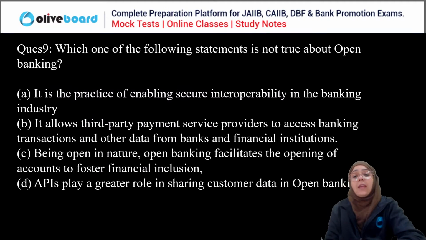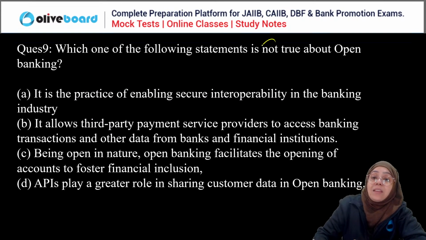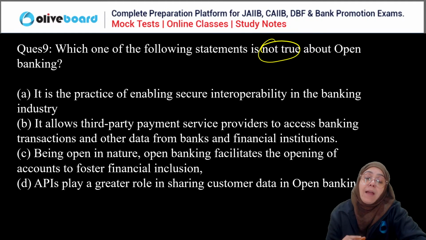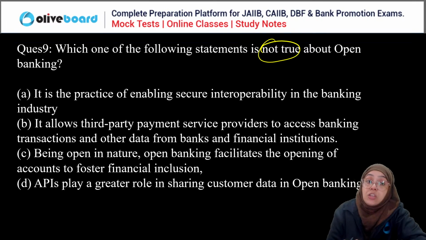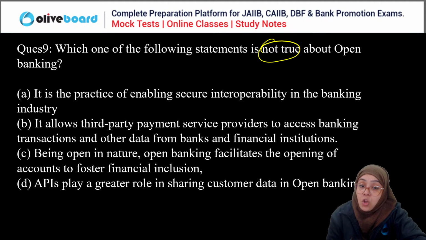Next question. Which of the following statements is not true regarding open banking? You have to choose the incorrect statement. First, it is a practice enabling secure interoperability in the banking industry. Second, it allows third-party payment service providers to access banking transactions and other data from banks and financial institutions. Third, being open in nature, open banking facilitates the opening of accounts to foster financial inclusion.